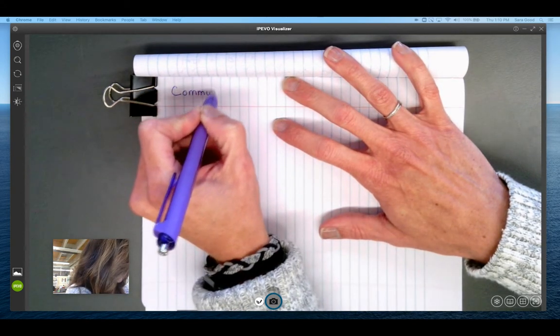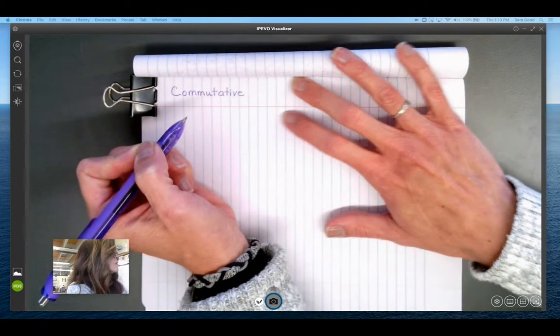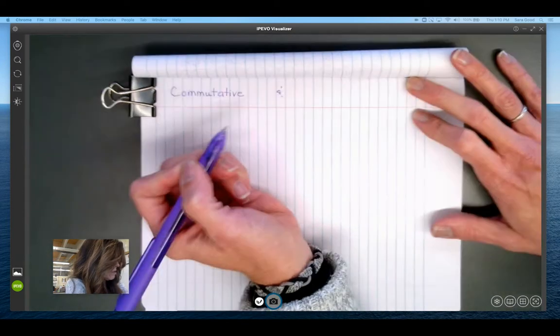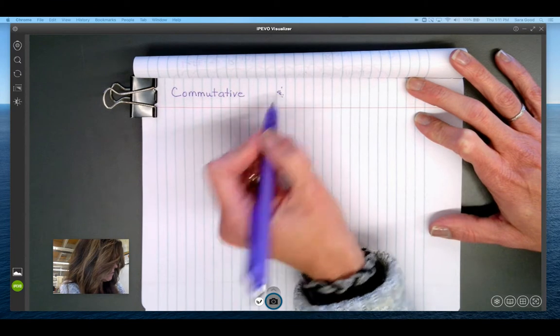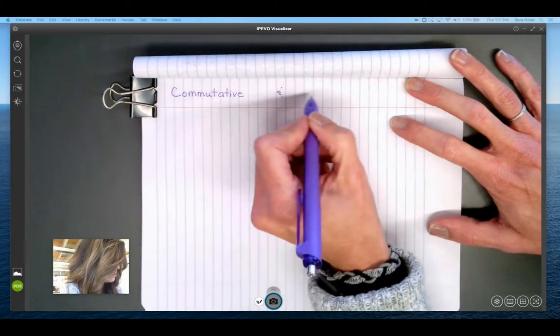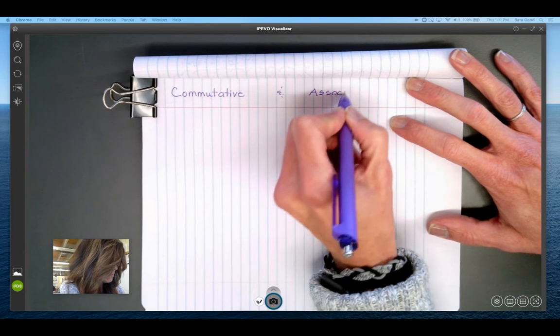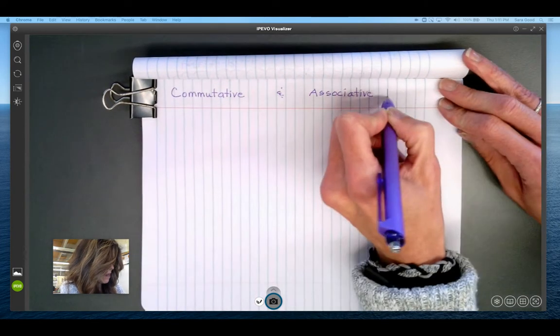Commutative and, right in the middle of the page, there's my little fancy symbol for and, associative properties.